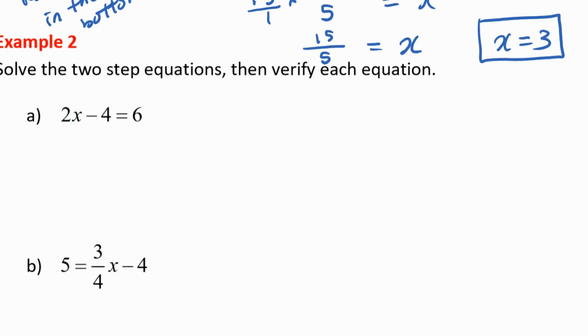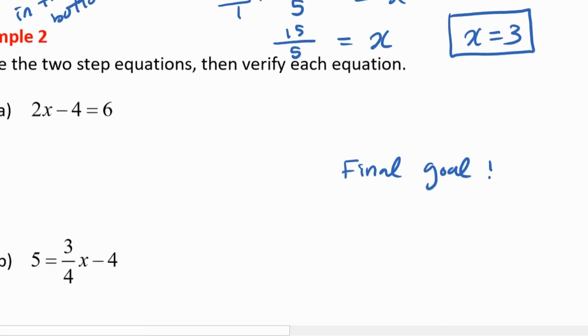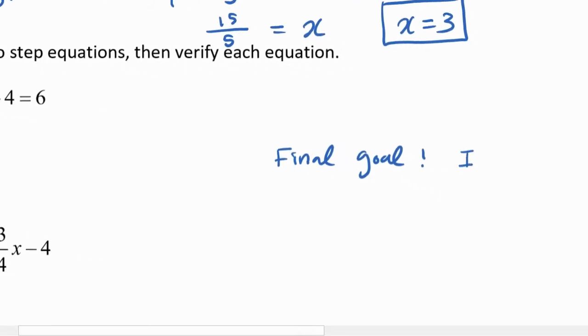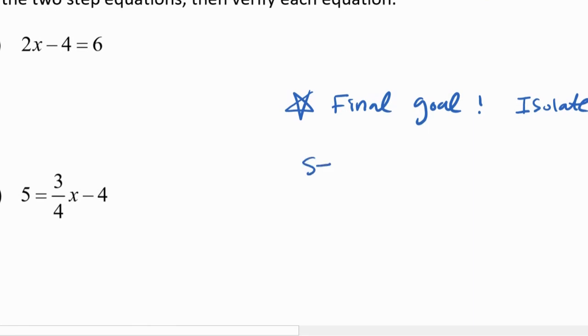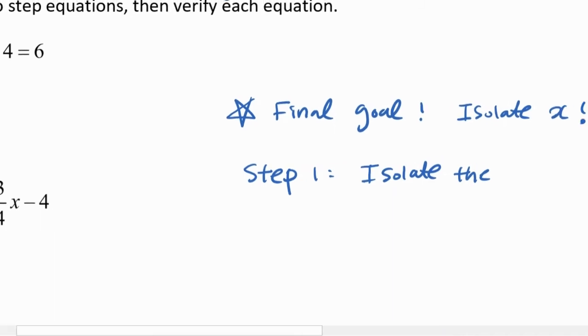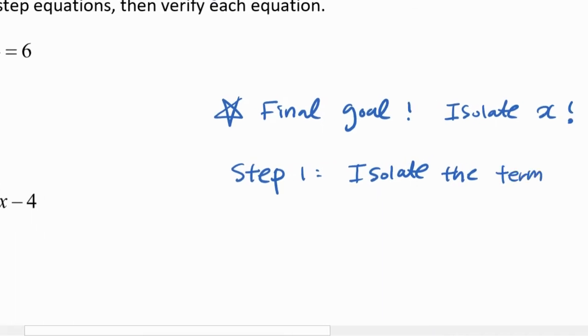Our final goal is to isolate x. To isolate x, we have to isolate the term with x first. Remember, I want you to write it down. Our final goal is to isolate x. So to solve the two-step equation, step 1, isolate the term with x.